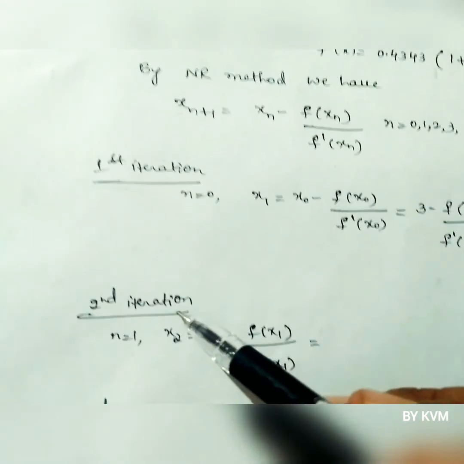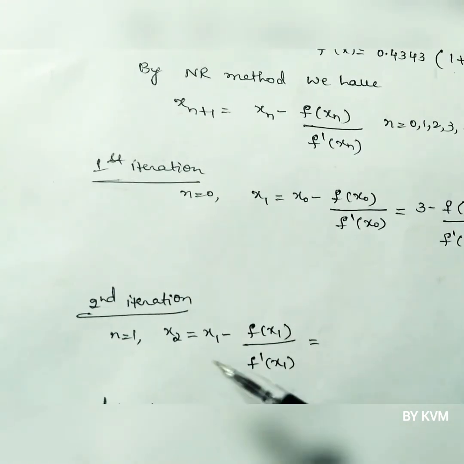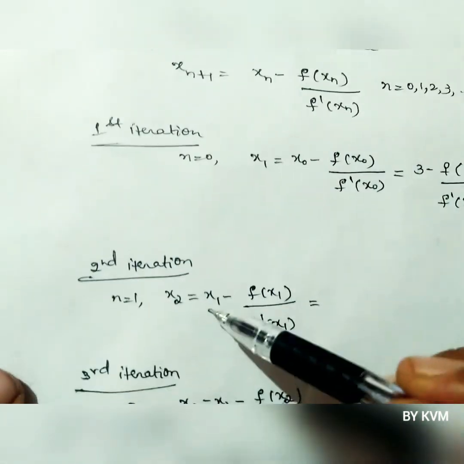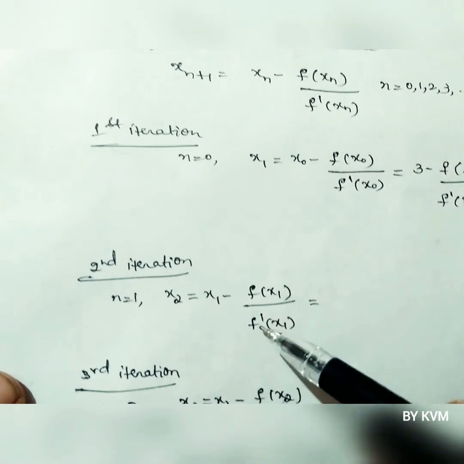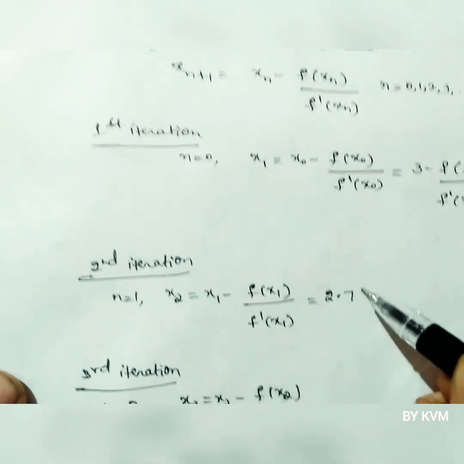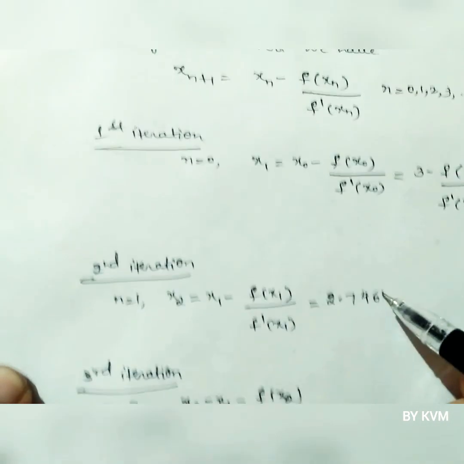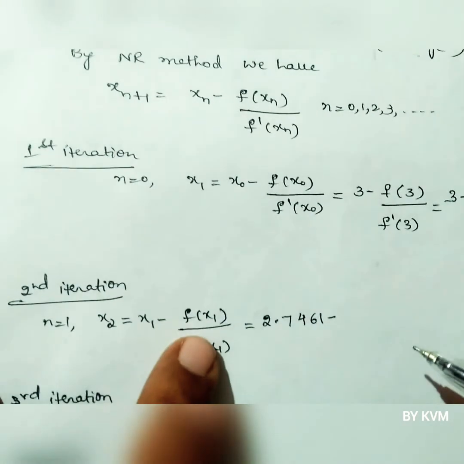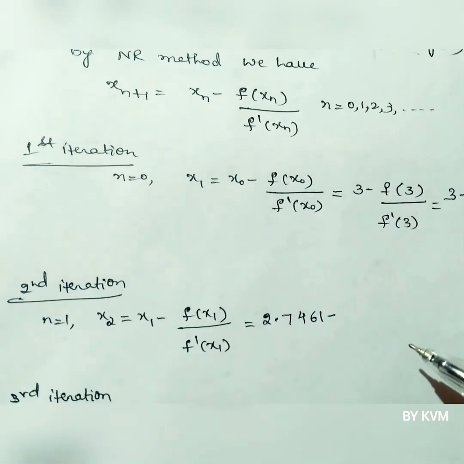Now take the second iteration, take n equals 1, the formula becomes x2 equals x1 minus f of x1 by f dash of x1. So x1 is 2.7461 minus f of 2.7461.